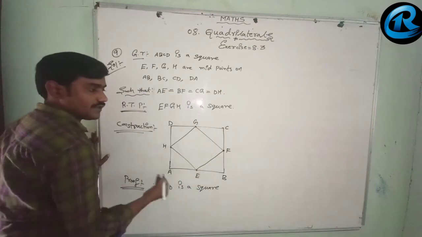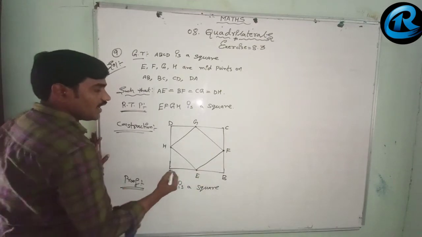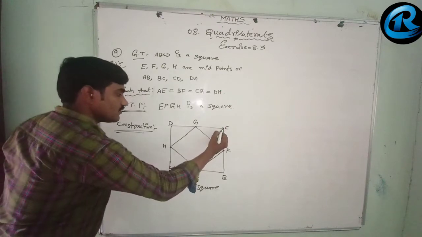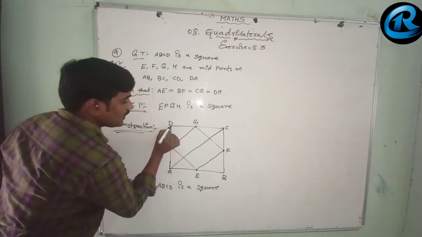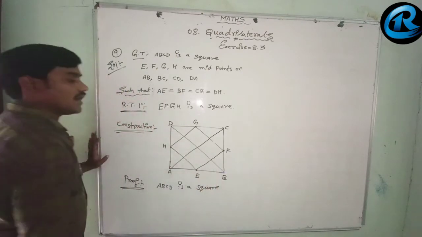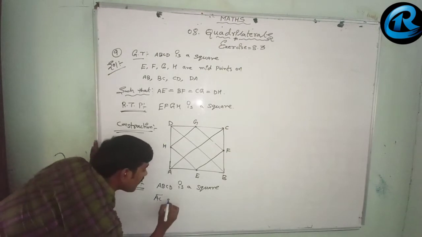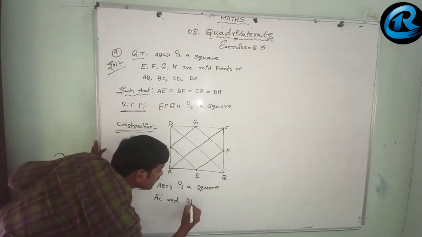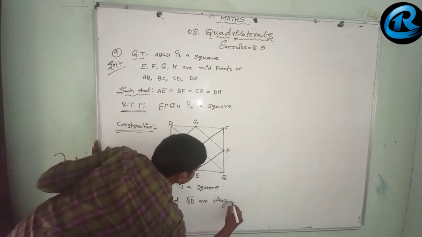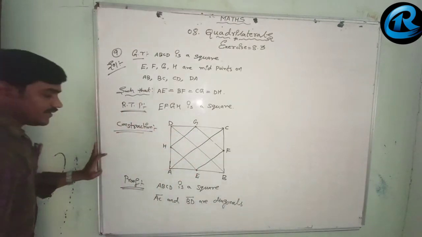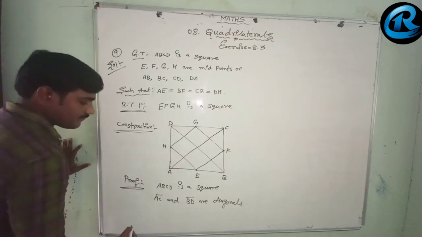Then ABCD is a square and AC and BD are diagonals.